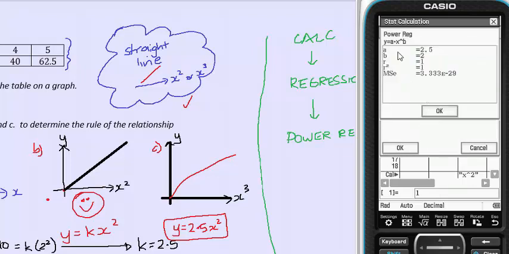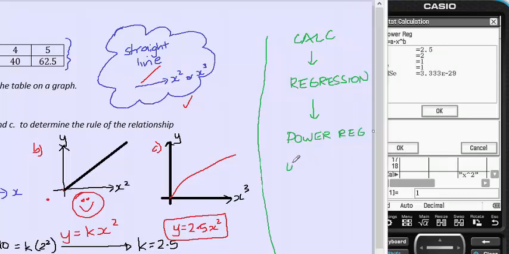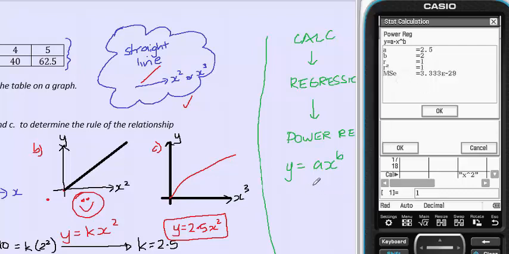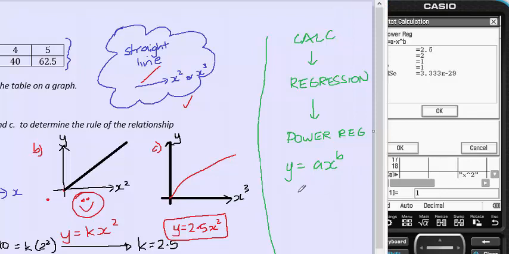The calculator sorts through and says the best relationship is in this form, so here it says my relationship is of the form y equals ax to the power of b, and tells me that for this example, a equals 2.5 and b equals 2.